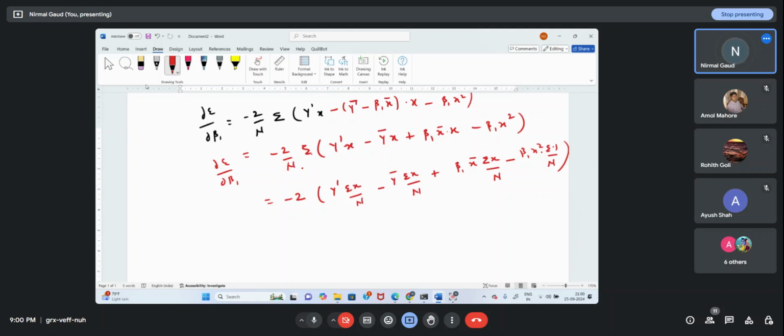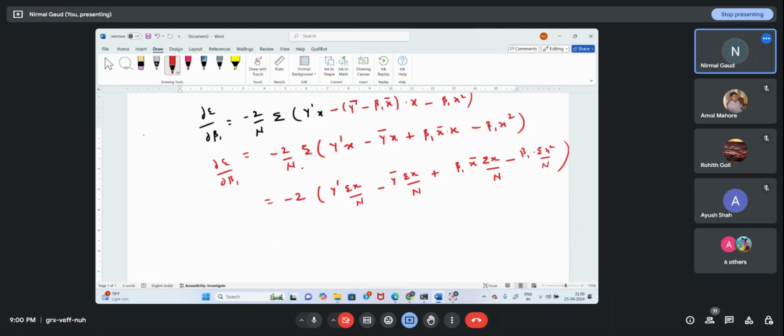Okay, what do you say? Here, if I take summation of x square by n, something like this.